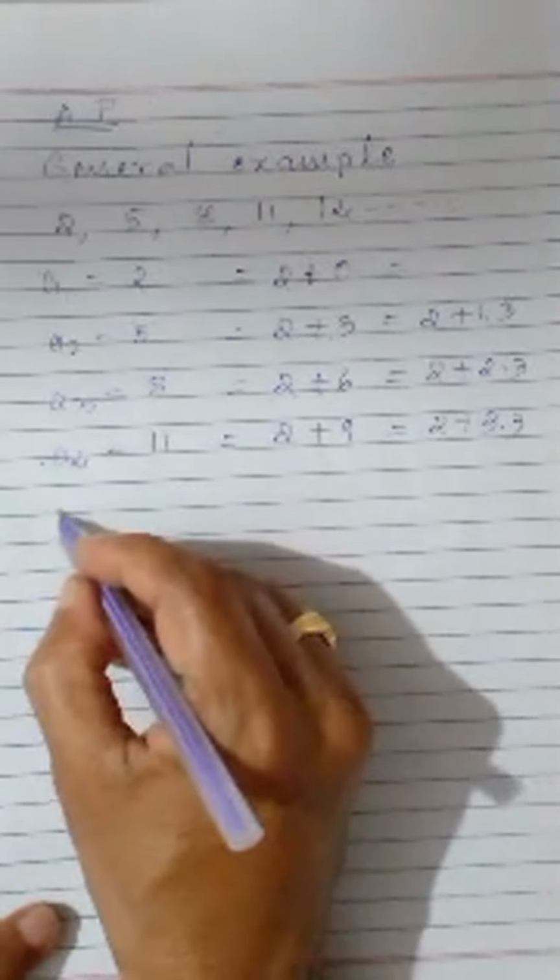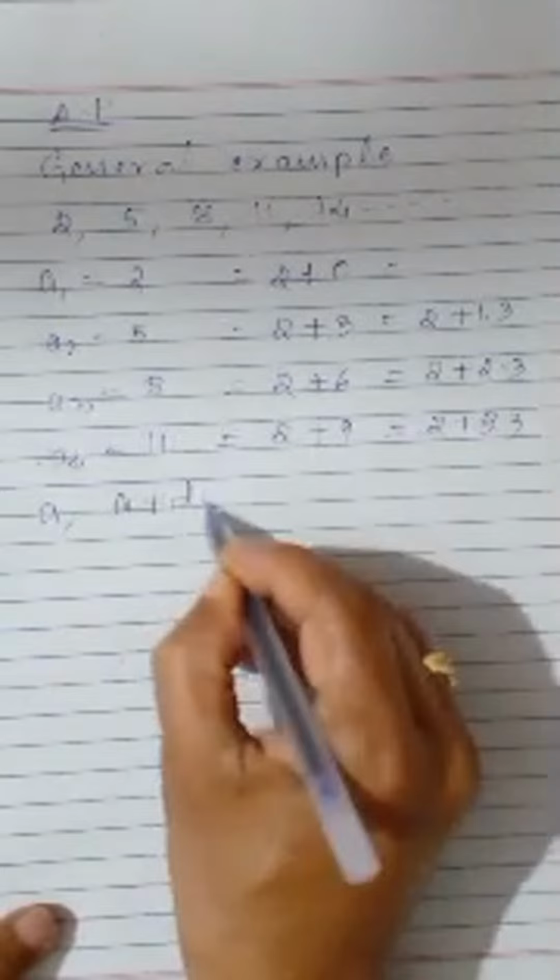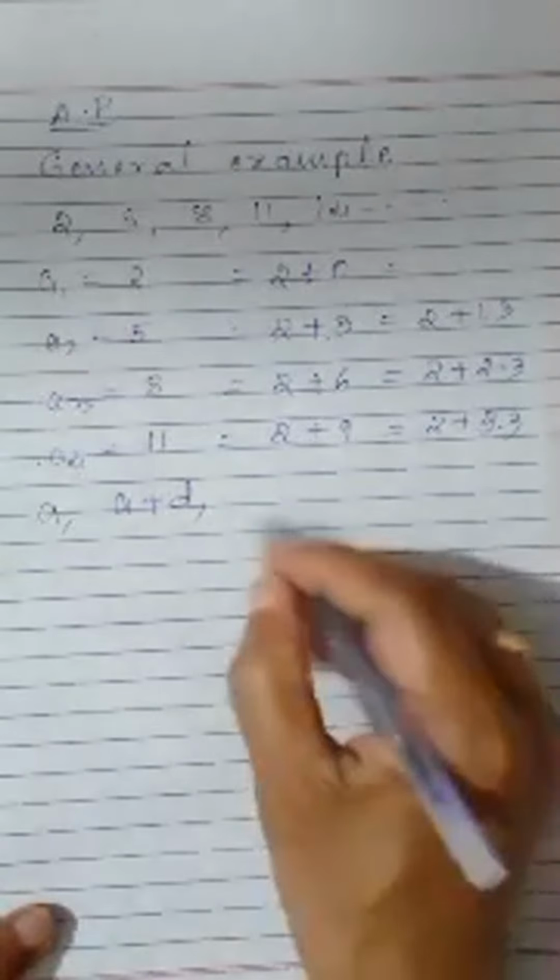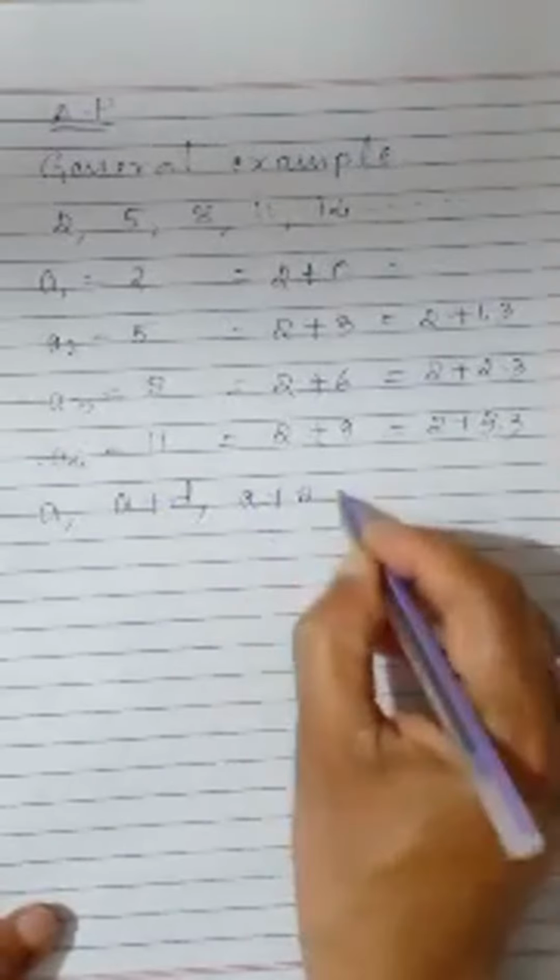Based on this, the general example can be written as A, the first term. The second is A plus D. The third term is A plus 2D. And the fourth term is A plus 3D, and so on. Here A is the first term and D is the common difference. Observe that it is in this form only: 1 into D, 2 into D, 3 into D, where D is the common difference.